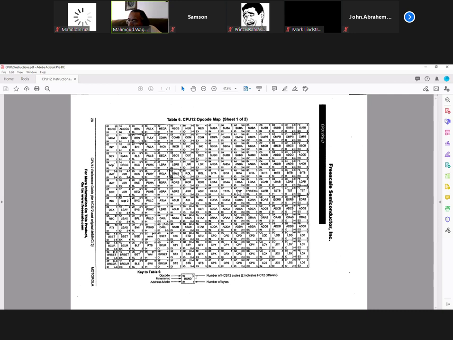This one gives you the number of cycles. So the number of instruction cycles is this top right corner. That tells you how many clock cycles are taken by this instruction to execute.